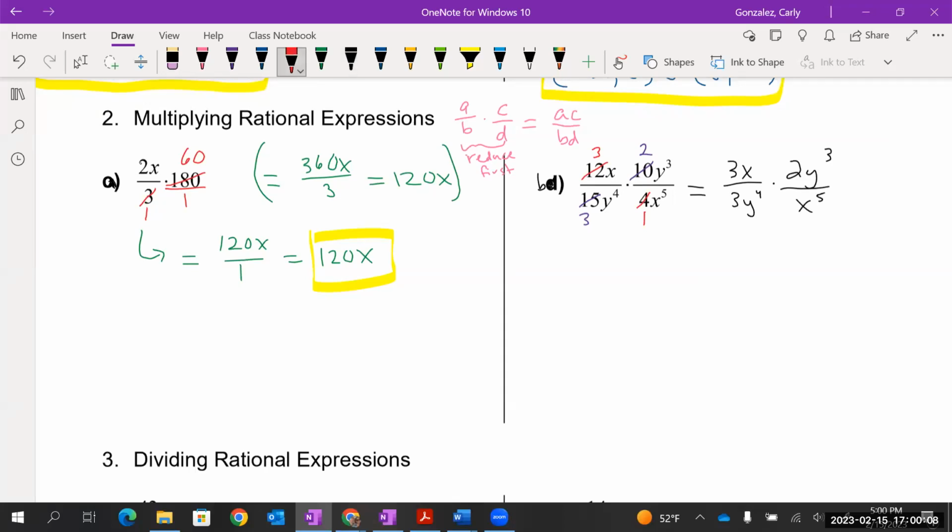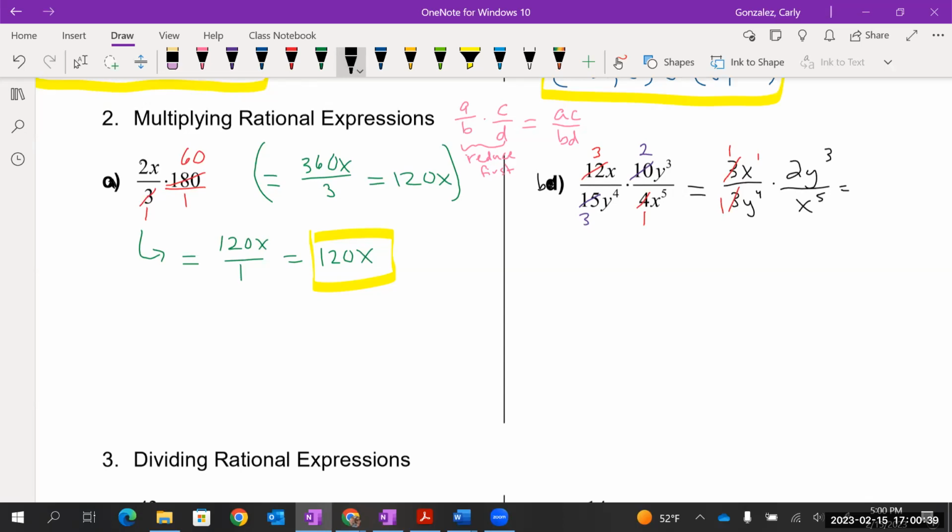So now we can actually reduce the numbers even more. The 3's are both divisible by 3, so we'll divide them both by 3 and get 1. And now we're ready to simplify our x's. So we have x to the first power on the top and x to the fifth power on the bottom in that denominator.